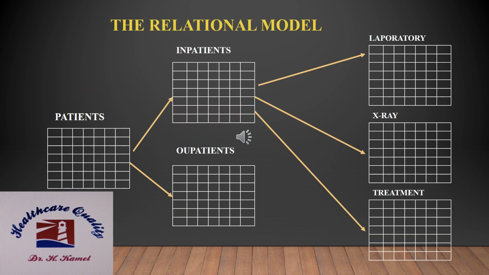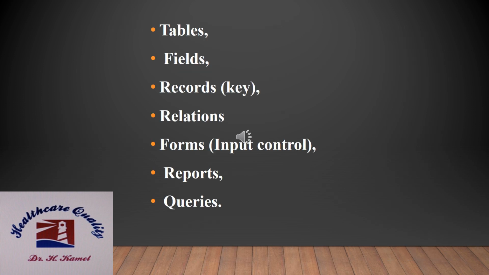This is an illustration of the relational model. As we see, it consists of tables. Each table has its own fields in the form of vertical columns and its records in the form of horizontal rows.